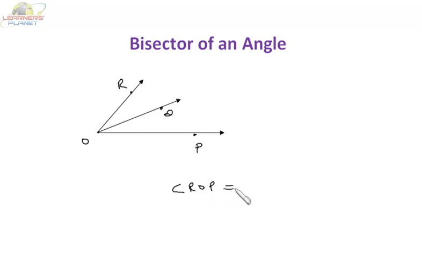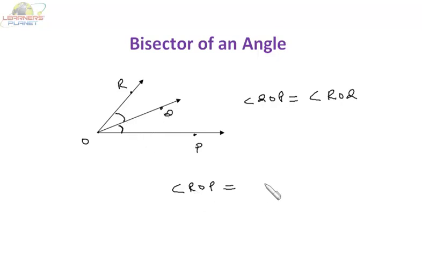Now angle ROQ and QOP, suppose they are the same. That means the measure of angle QOP and ROQ is the same. I just write it over here. QOP is equal to ROQ. Then we call OQ the bisector of angle ROP.